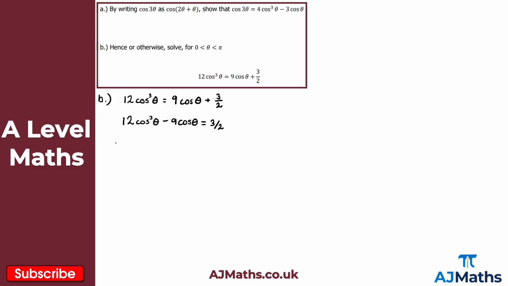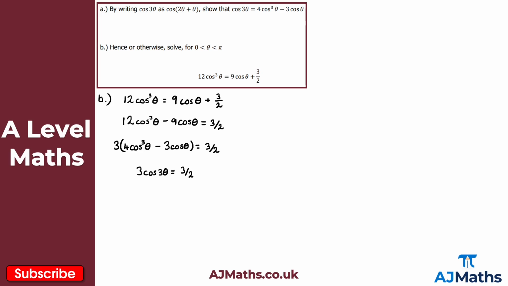So what I've got is 3 lots of 4 cos cubed theta minus 3 cos theta is equal to 3 over 2. If this is equal to cos 3 theta, then what I've got is 3 cos 3 theta is equal to 3 over 2.